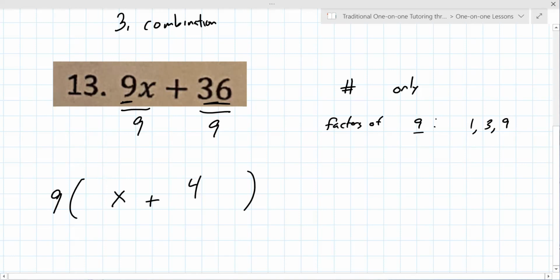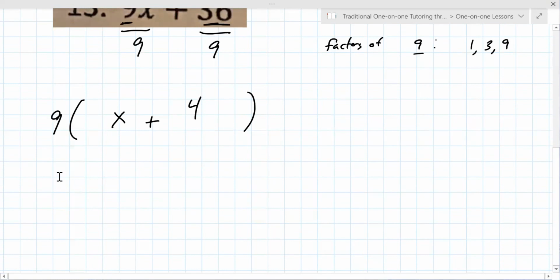Perfect. So the thing that you divide by, or whatever you think is the biggest thing that goes into both, you put on the outside, and that's what you divide by. And this is your final answer here. Is that clear? That's the answer to 13.